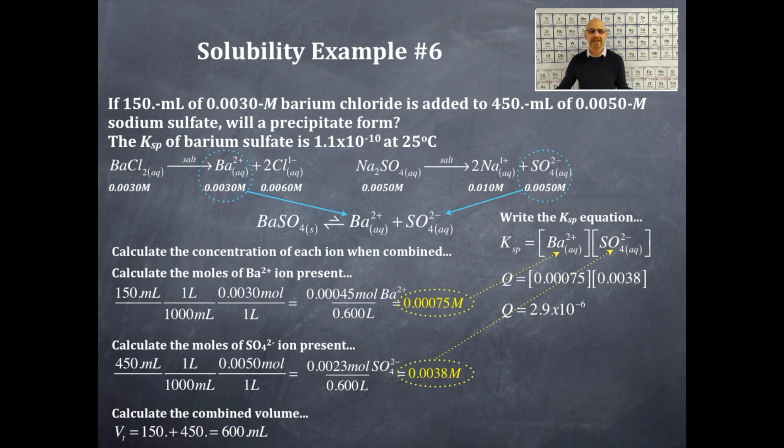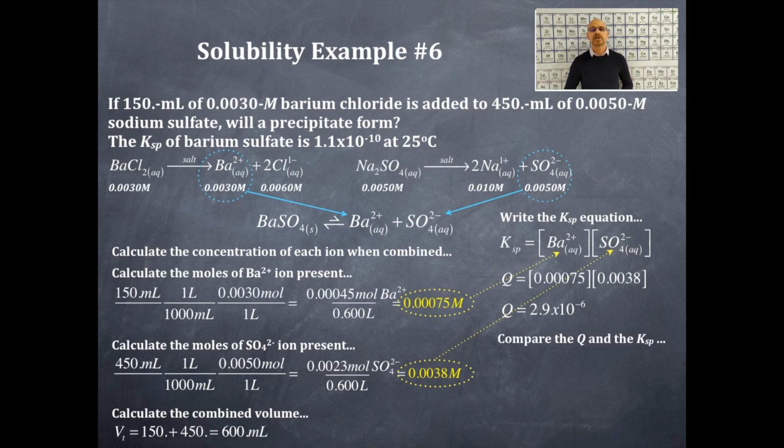Now, the question really is, will a precipitate form when I mix these two things together? Are there enough barium ions and sulfate ions combined in that new volume to form a precipitate? There needs to be enough concentration of barium ions and sulfate ions in order to form that precipitate. So what we need to do is compare the Q, the reaction quotient, to the given KSP value.